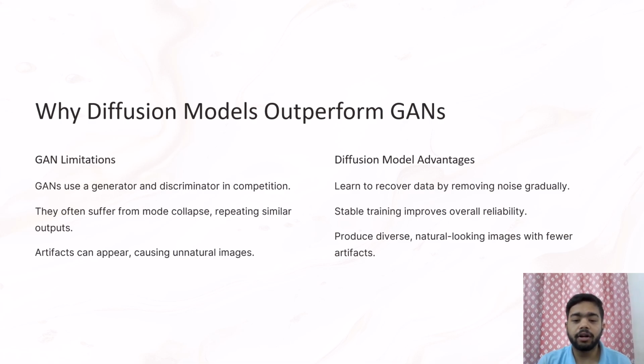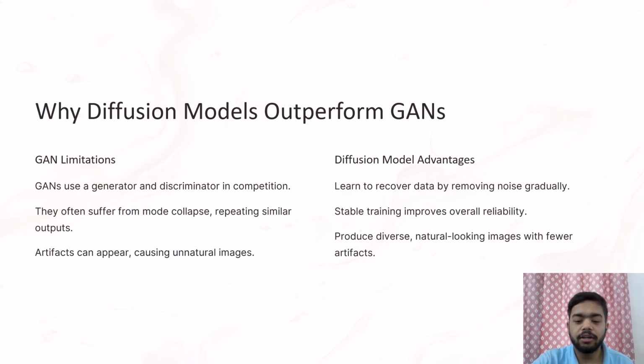So now that we've understood the limitations of GANs, let's see some advantages that diffusion models offer. By framing generation as a gradual denoising task, training becomes remarkably stable. There's no adversarial tug of war. The stepwise process encourages diversity. You explore the whole data manifold instead of just a few modes.